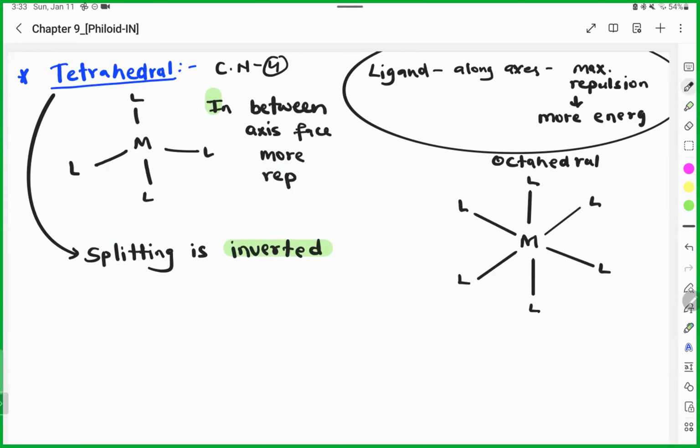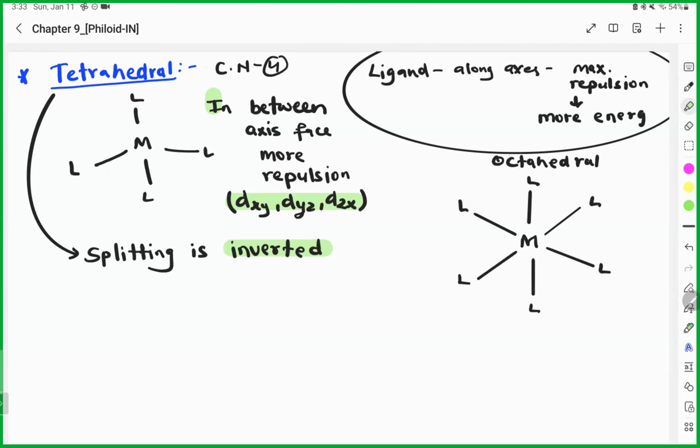And which orbitals are in between the axes that face more repulsion? They will be dxy, dyz, and dzx. These are present in between. The ligand is also present in between, so there will be maximum repulsion.